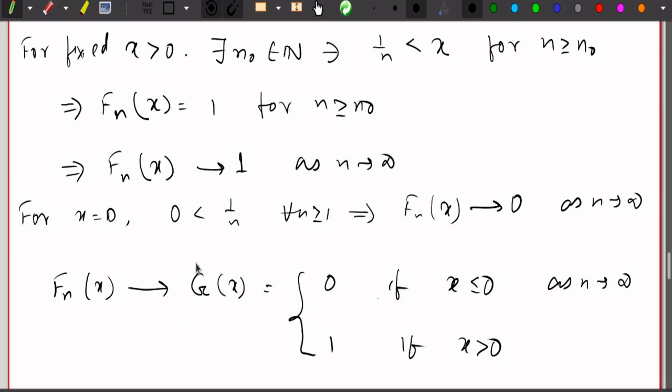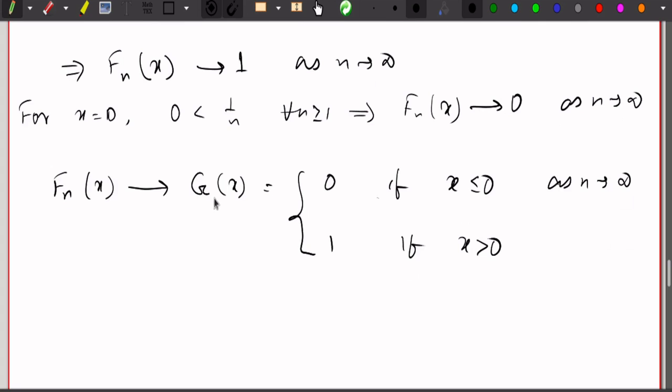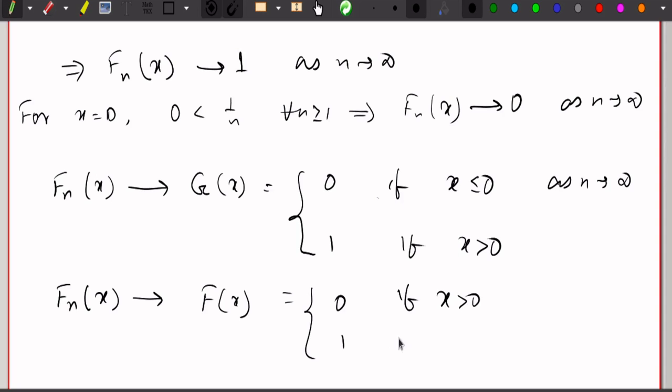Now note that G(x) is not a distribution function, because at the point x equal to 0 it is not a right continuous function. But on the other hand, you can see from here that Fn converges to F(x) also, where F(x) is given by 1 if x is greater than or equal to 0, and 0 if x is less than 0.